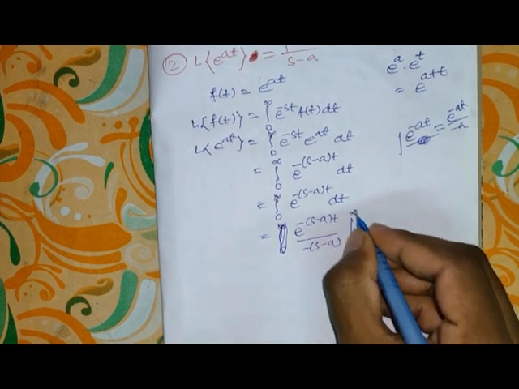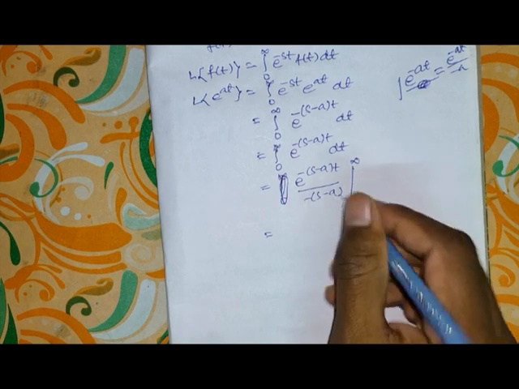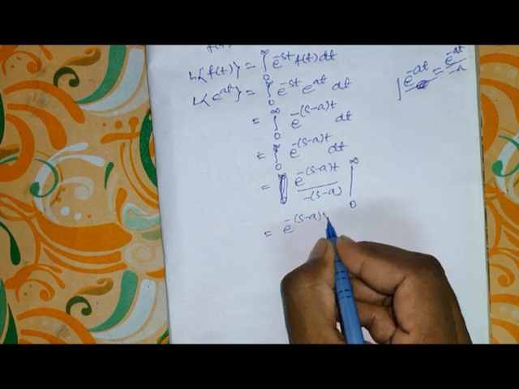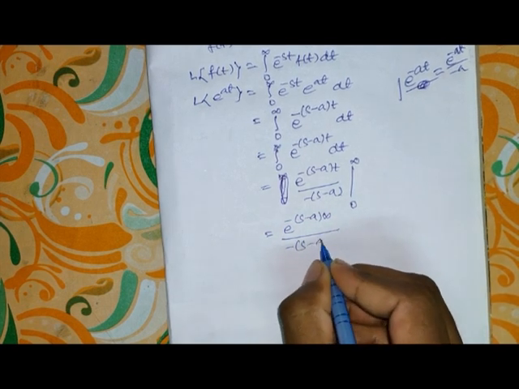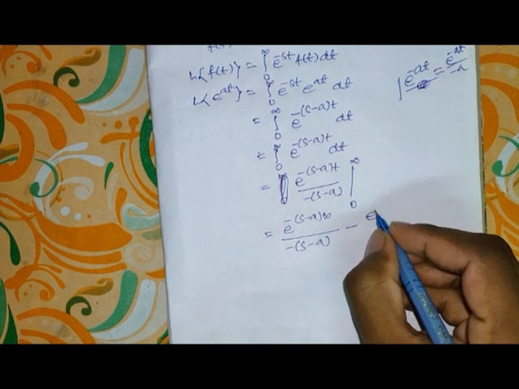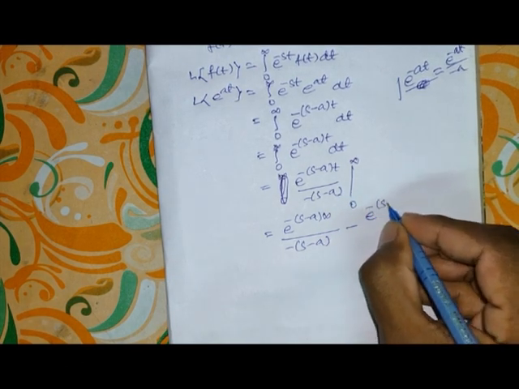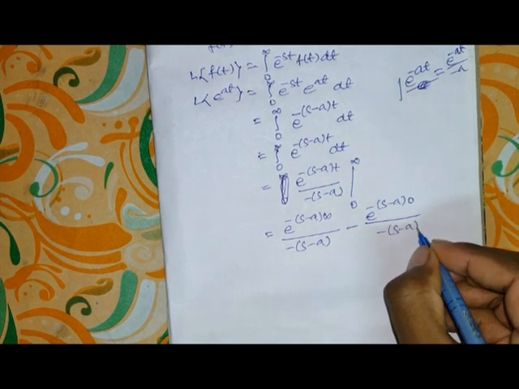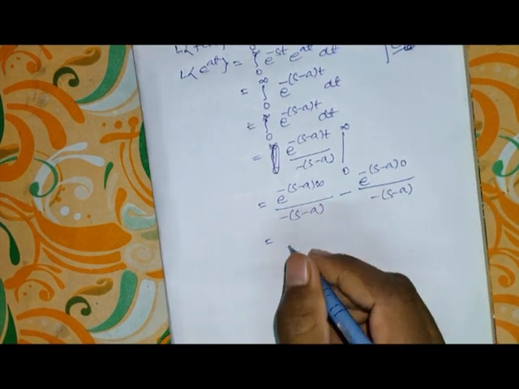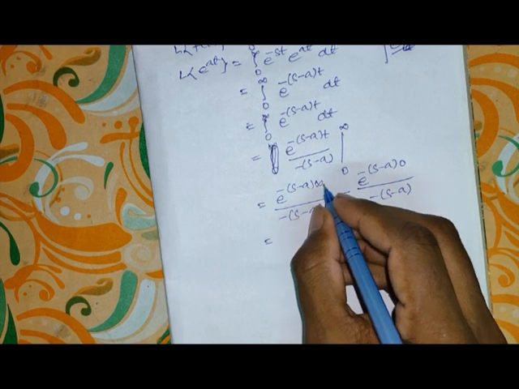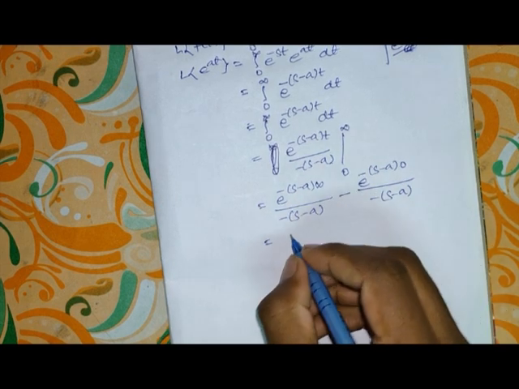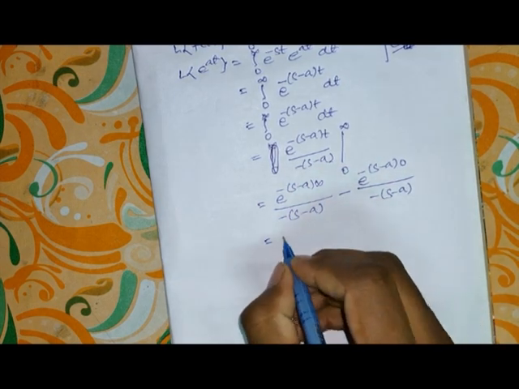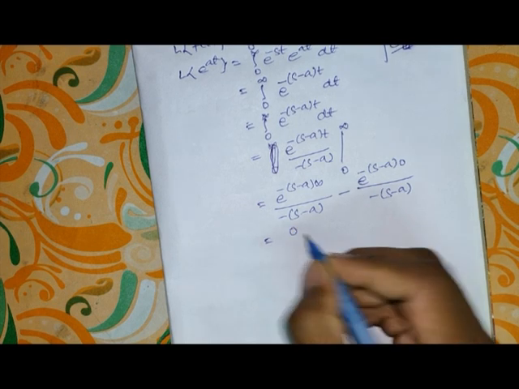0 to infinity means, first of all, we will take infinity, e^(-(s-a)·∞) by (s-a), minus, now the 0 limit will come, (s-a) into 0 by minus (s-a). So friends, this term with infinity will become 0 because infinity is here.